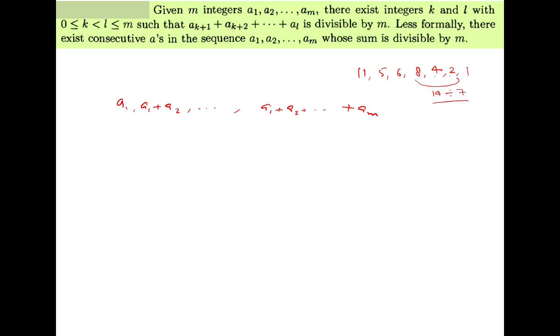So assume that none of them is divisible by m. What does it say? If none of them is divisible by m, each one when you divide by m must leave a remainder. Now what could be the values for the remainders? If I denote the remainder by r, then the values could be 1, 2 till m minus 1.